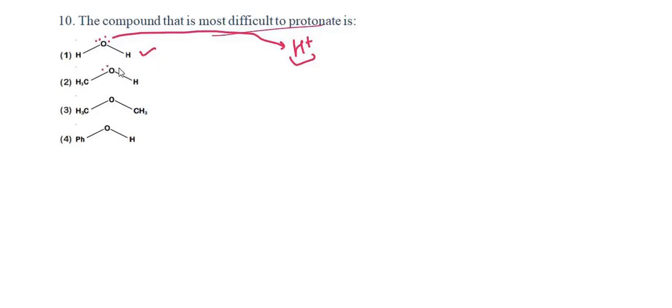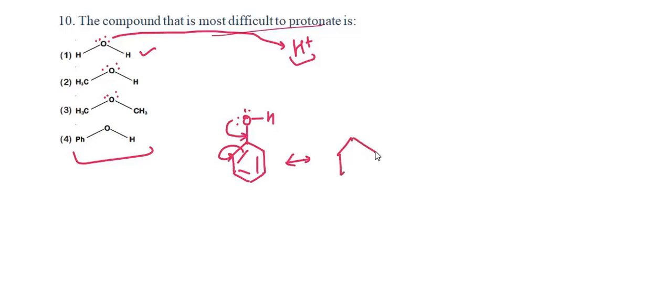In the second case also, it is similar. In the third case also, the lone pairs are free. But in the fourth case, this is phenol, where Ph means the benzene ring. If an OH group is present on the benzene ring, as we know oxygen has two lone pairs of electrons, this lone pair is now involved in resonance with the benzene ring. Because of this resonance, the oxygen acquires a positive charge.